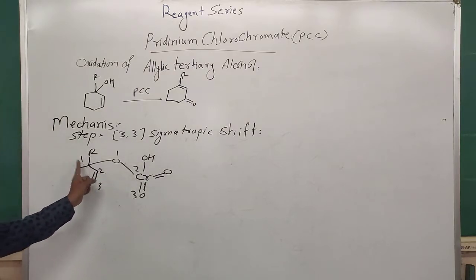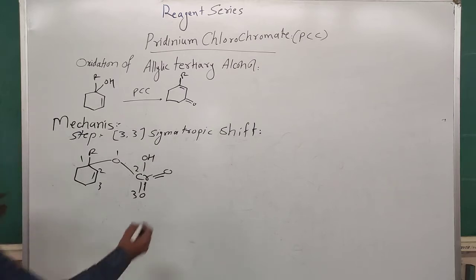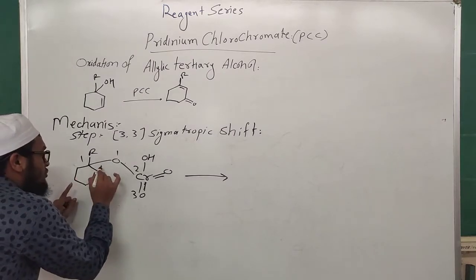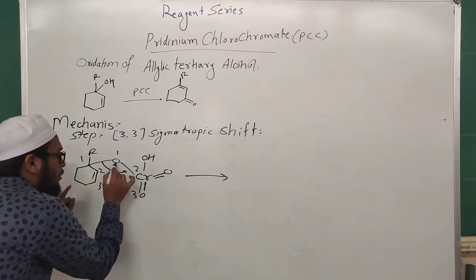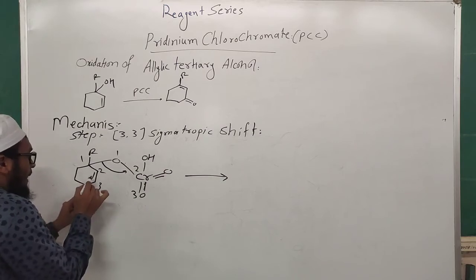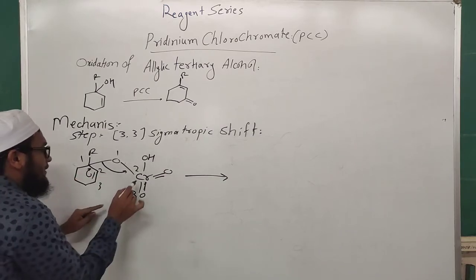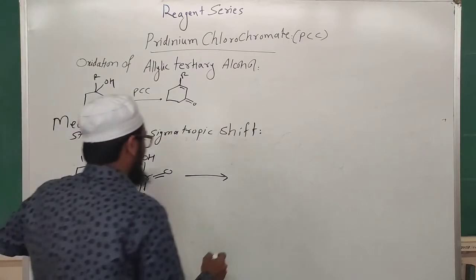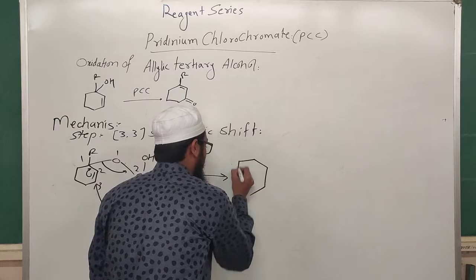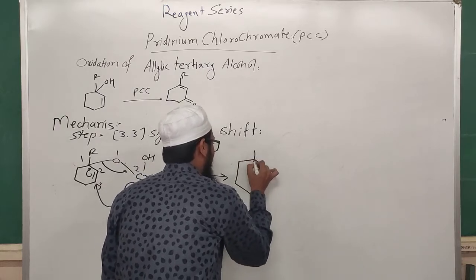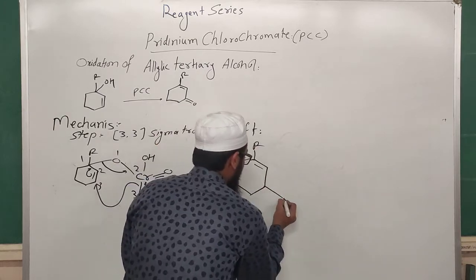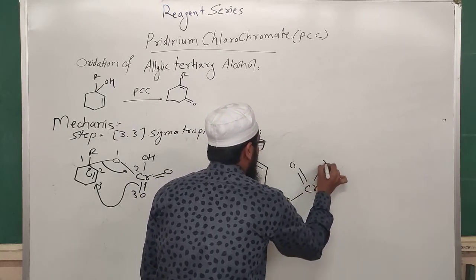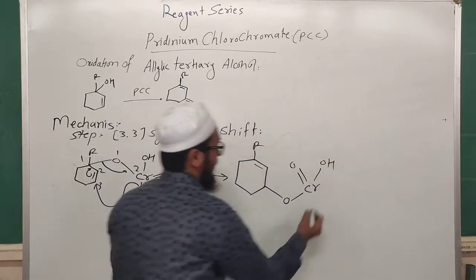This 1 bond will break, and with a concerted mechanism, this carbon oxygen bond will shift towards oxygen chromium, and this double bond will turn towards here. This chromium oxygen bond will attack at carbon number 3, and we will have this structure: chromium, double bond O, single bond OH, and this double bond.